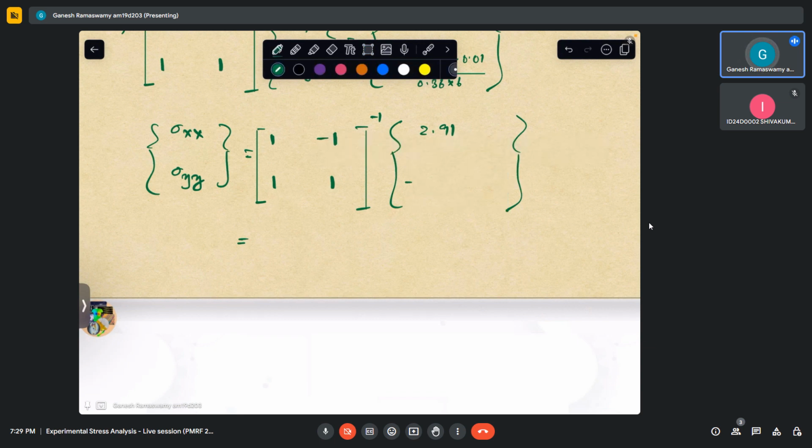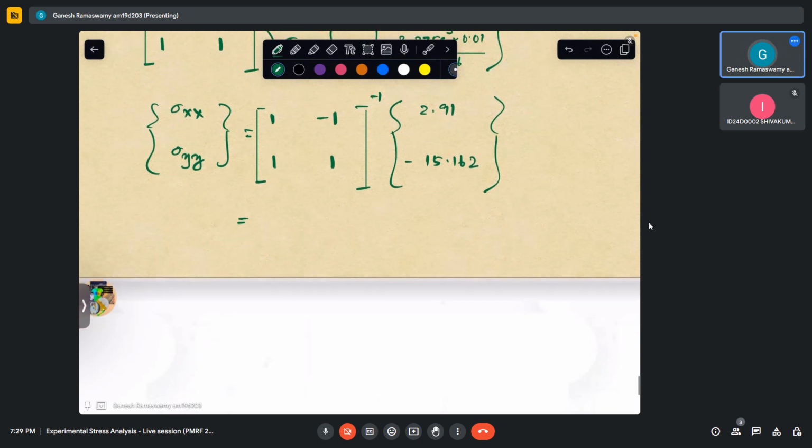This comes out to be minus 15.162. So this I can inverse into this, and it comes out to be 6.126, minus, and this is minus 9.036.